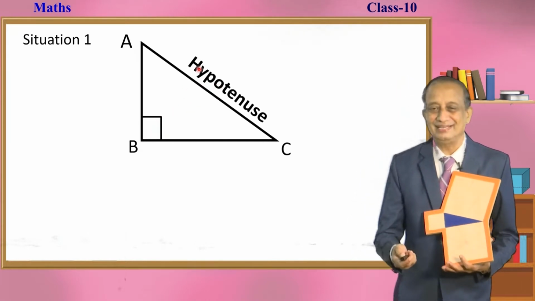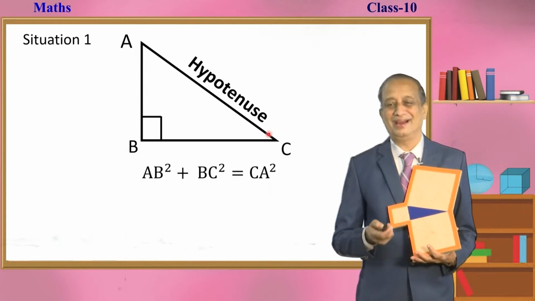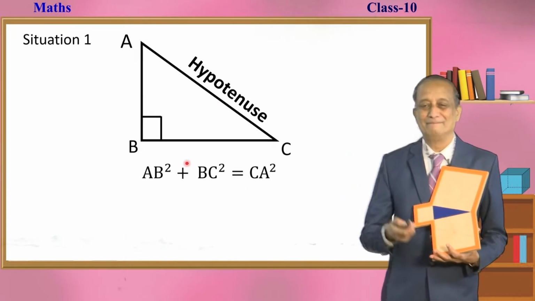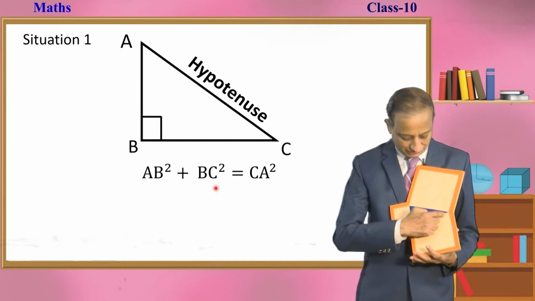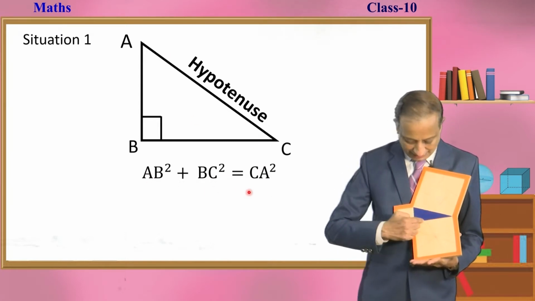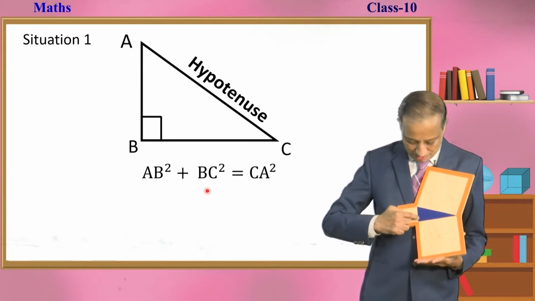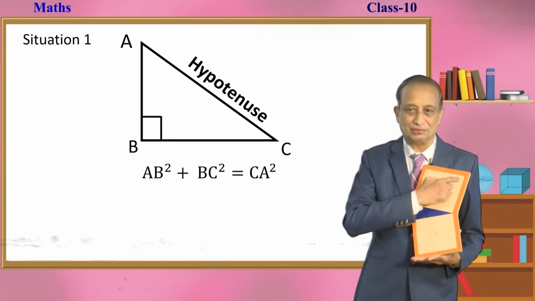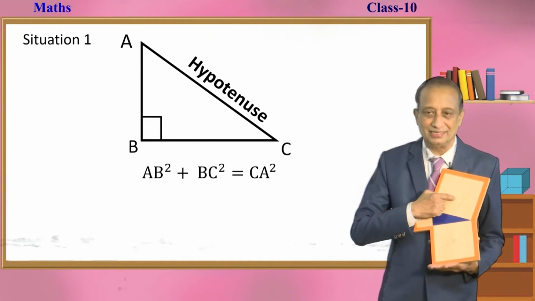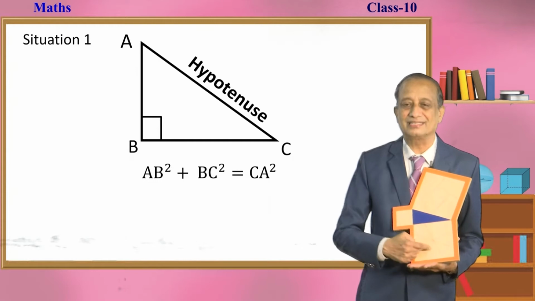The side AC is called the hypotenuse, and you will say that AB square plus BC square is equal to CA square. This is the square on this side, this is the square on this side, this is our hypotenuse, and here is the square on this. So, area of this is equal to sum of the areas of these two.